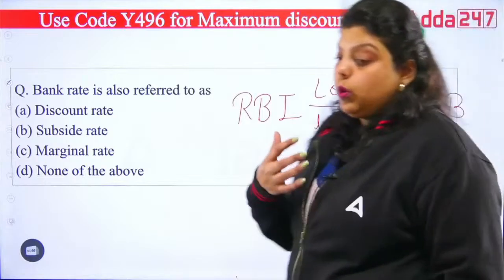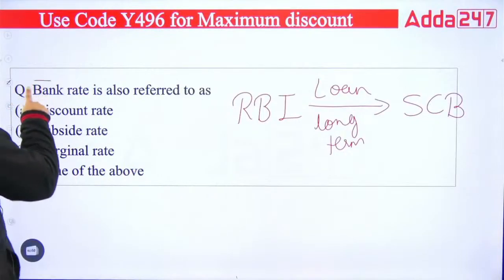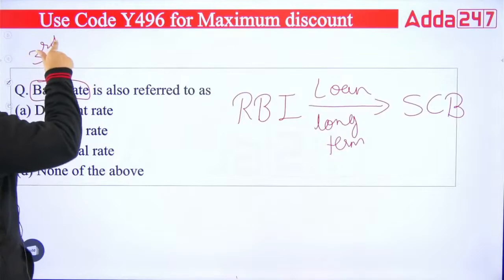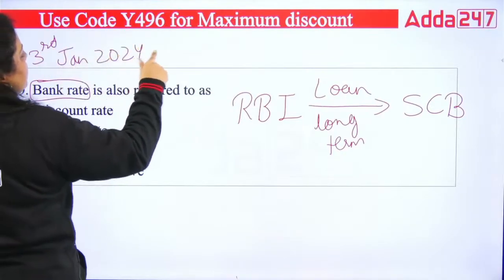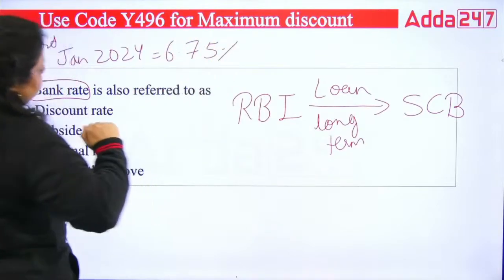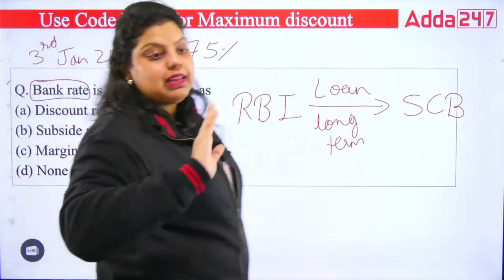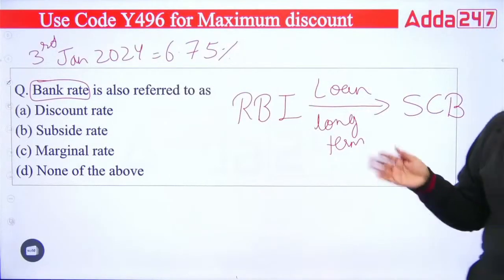This is known as the bank rate. As of today, 3rd of January 2024, we have a 6.75% bank rate. As I have told you, bank rate is an indirect instrument of monetary policy, and every 2 months this monetary policy is reviewed.